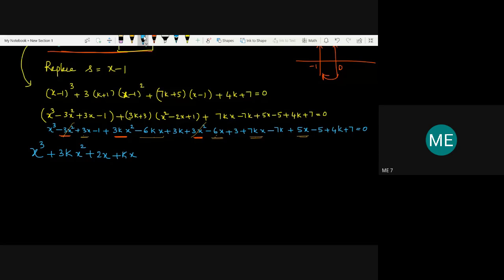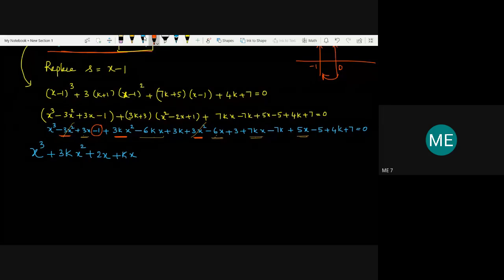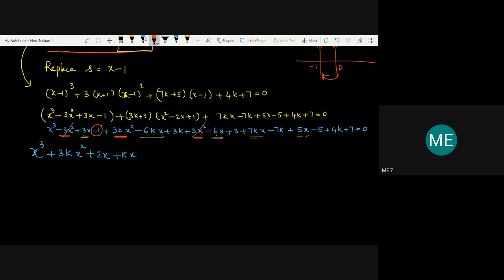So now constants. If you look at the constants here, I have minus 1, and here 3k, then here I have plus 3, and here minus 7k, then I have minus 5, then plus 4k, then plus 7.